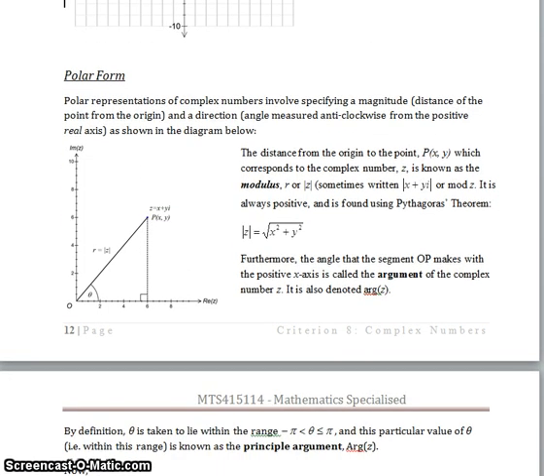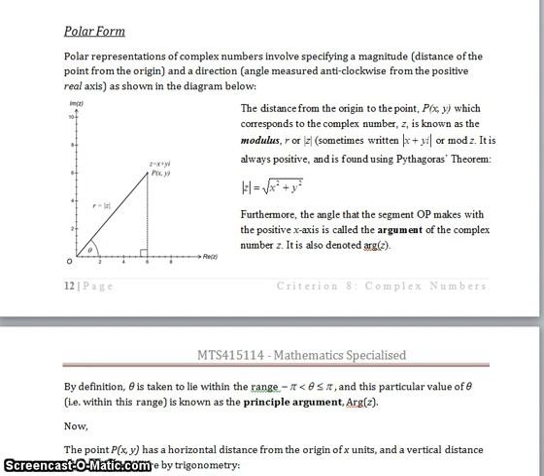Now it's important to note that by definition our angle is taken to lie within a specific range, negative pi to pi.